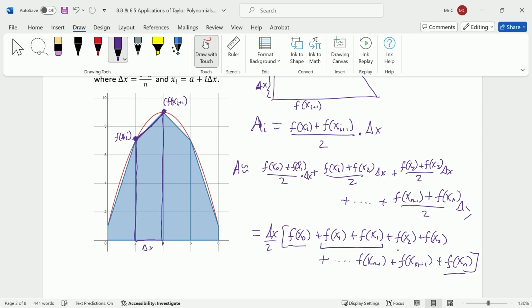The others all show up twice because they are part of the formulas for 2 of the trapezoids in the expression.